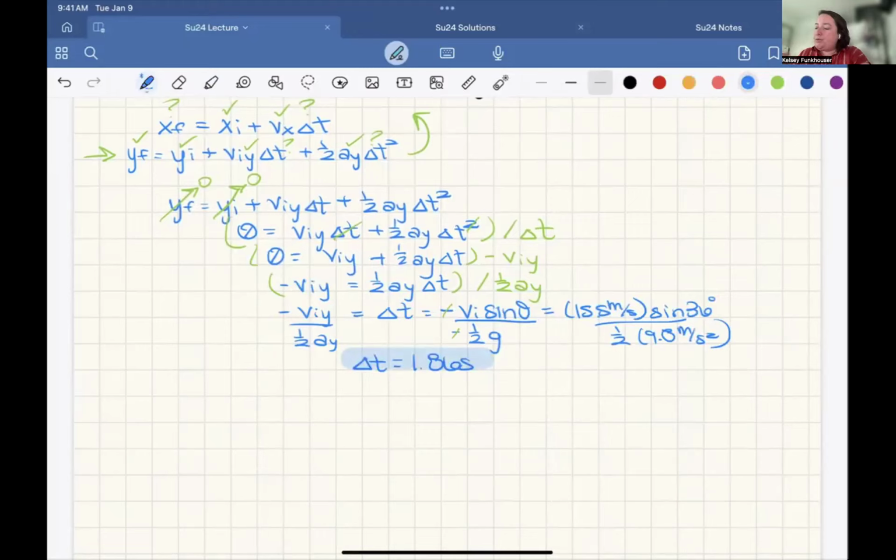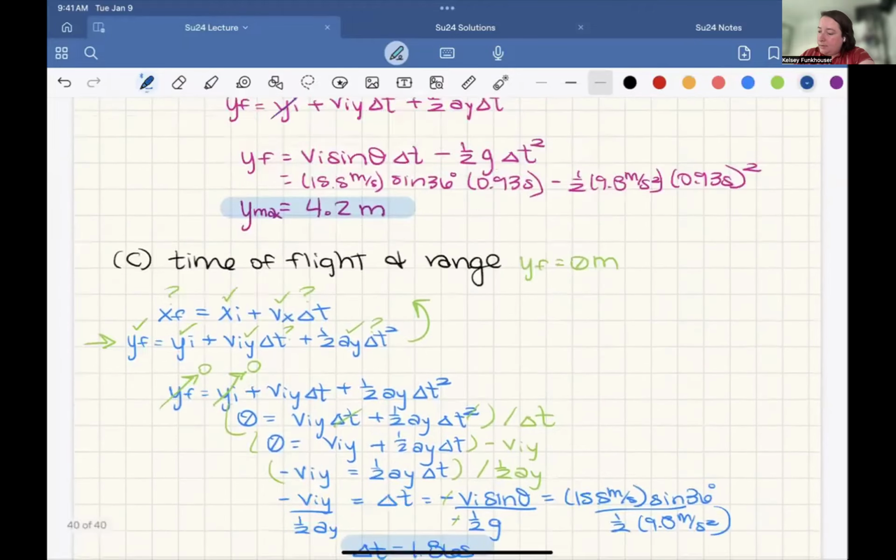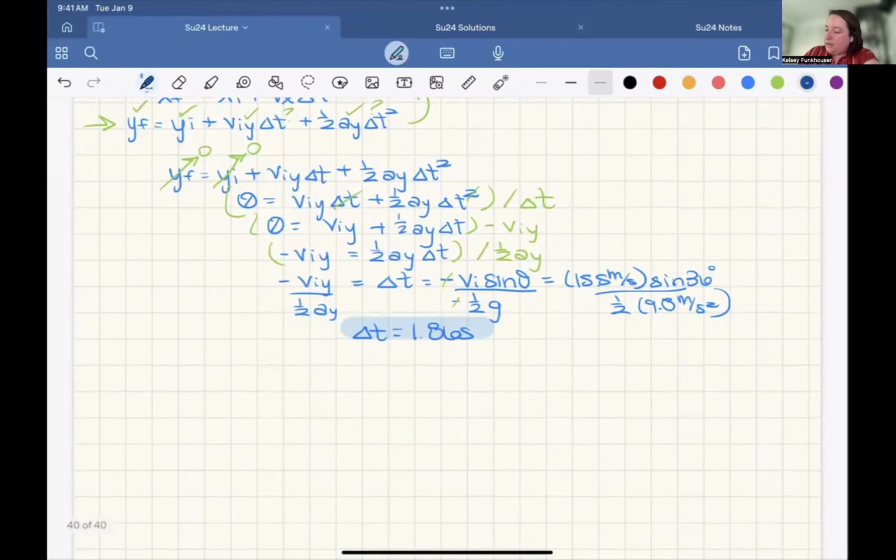But now we want to use that to find the range, or the final position in x, plus v x delta t. And now we have everything we need to solve that, and we don't even have to rearrange this equation, which I appreciate. So 0 for that guy. So we have x final equals velocity in x times the time interval.